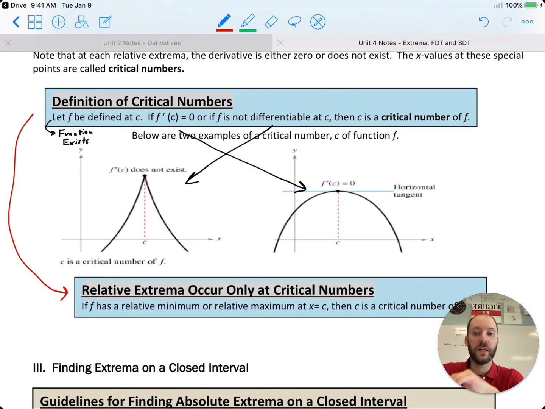Okay, could be. Relative extrema only occur at critical numbers. Not every critical number is a relative extrema, but every relative extrema is a critical number. Kind of like not every rectangle is a square, but every square is a rectangle, because every square has 4 right angles. Definition of rectangle is 4 right angles.